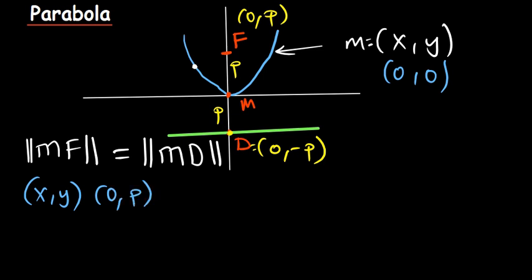Then on the other end, for M, we understand it's (x, y), but since we just want to apply the concept of the origin to help us show the x and y present in our equation, for the other side we can actually just use (0, y).